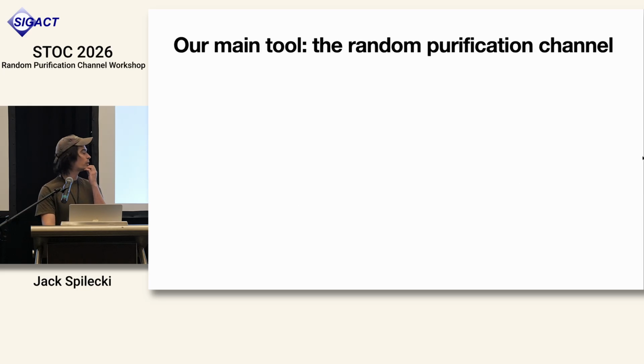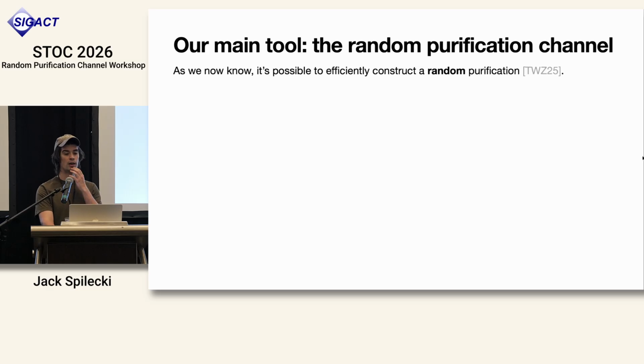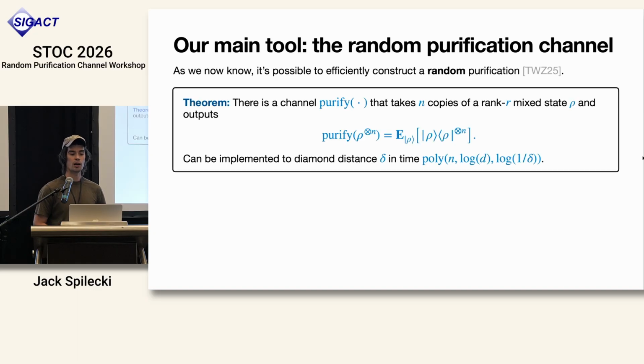Okay, so I'll start by reviewing some relevant aspects of the random purification channel. John just talked about this, but I'll remind you. It's possible to efficiently construct a random purification of a mixed state. Specifically, we have this theorem that there's a channel, which I'll denote purify, that takes in n copies of a rank R mixed state.